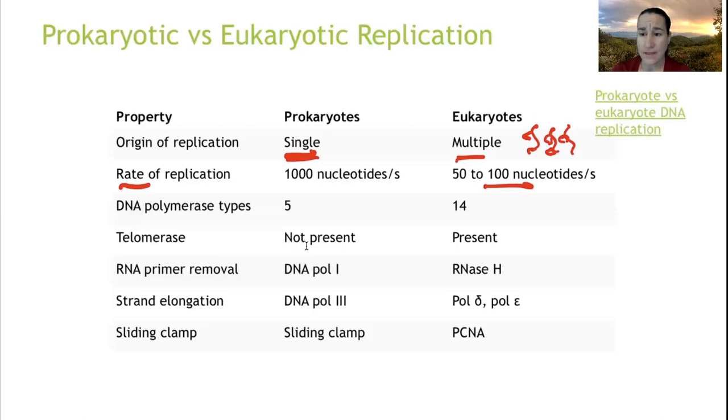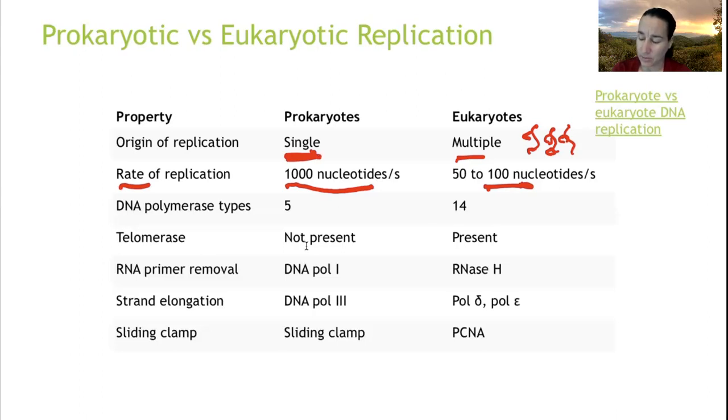So they can lay down new DNA 10 times as fast, 1,000 nucleotides per second versus our 100 nucleotides per second. And that's being generous. We may even be slower than that. Prokaryotes are fast, so their rate is faster, and they only have one origin of replication.